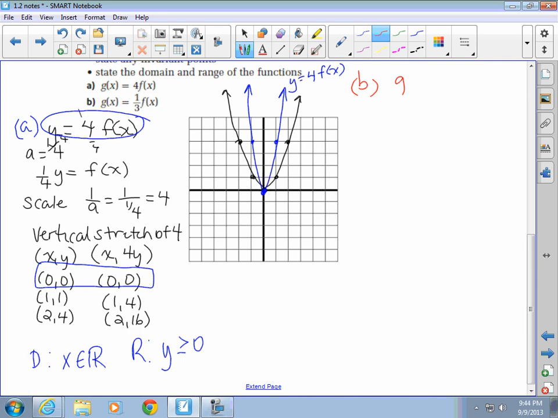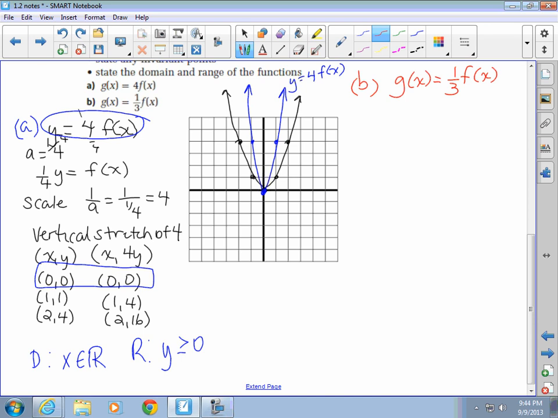b, g of x is equal to 1/3 of f of x. Okay, so we can see from here I did the calculating, but I didn't need to do the calculating on this side because it turns out my scale factor is just that value, because that is our 1 over a is the flip.